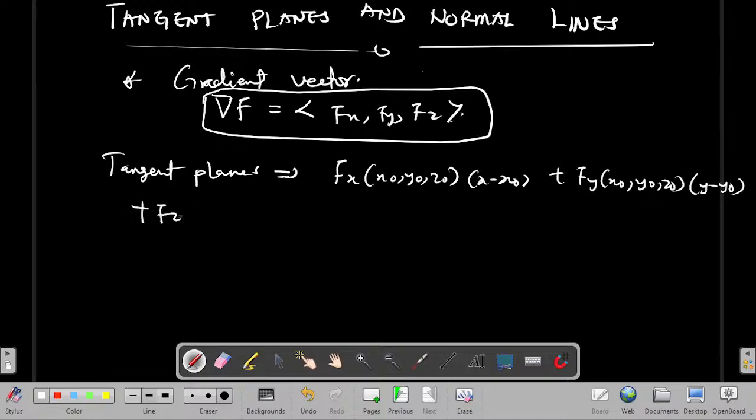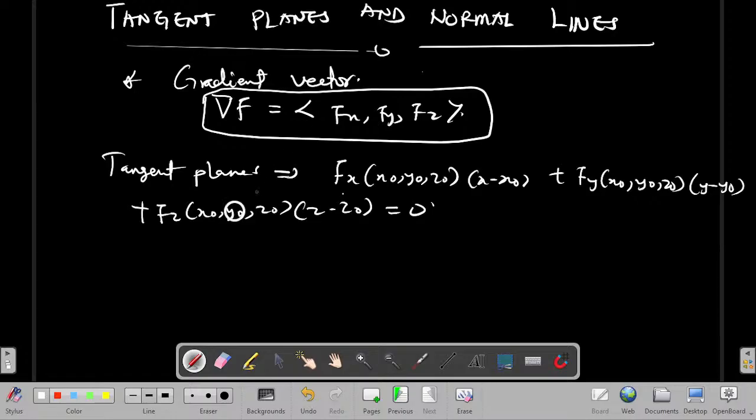Plus fz of x naught, y naught, z naught, multiplying z minus z naught is equal to 0. This is simply the tangent plane equation. Our fx, fy, fz is simply the gradient vector, as simple as that.